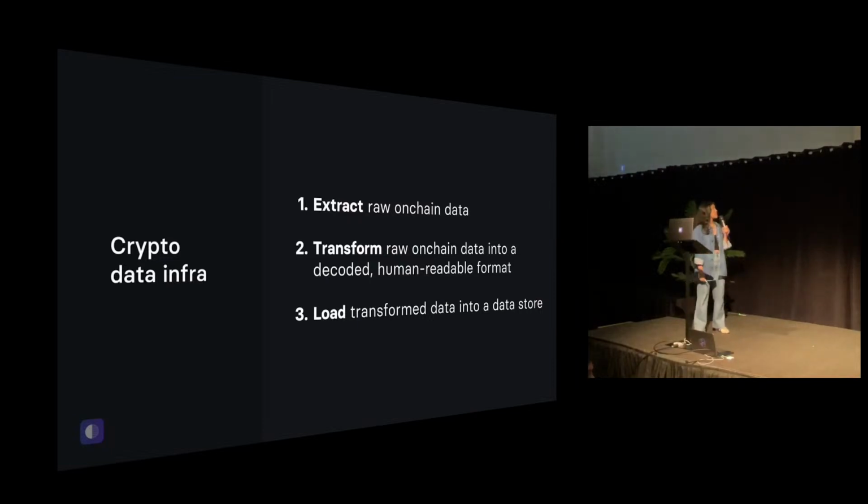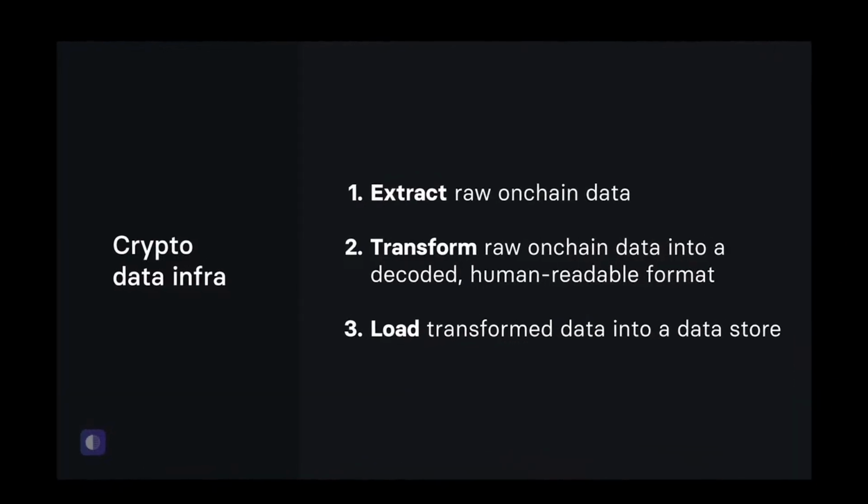So taking a step back, let's talk about what the job to be done is whenever you're building crypto data infrastructure. With any crypto data pipeline, you're generally doing these three things. You're extracting raw on-chain data by fetching data from a node. Then you transform that raw on-chain data into a decoded human-readable format.